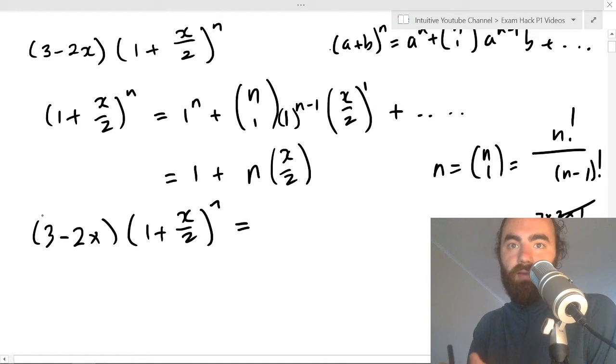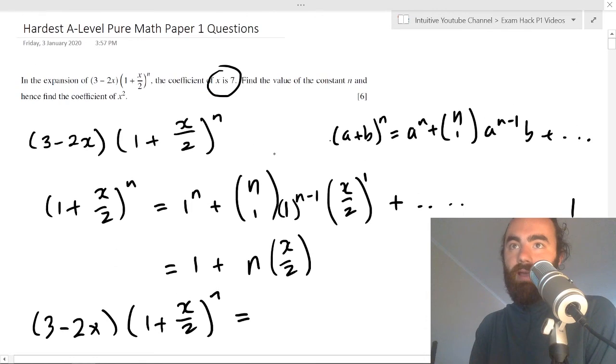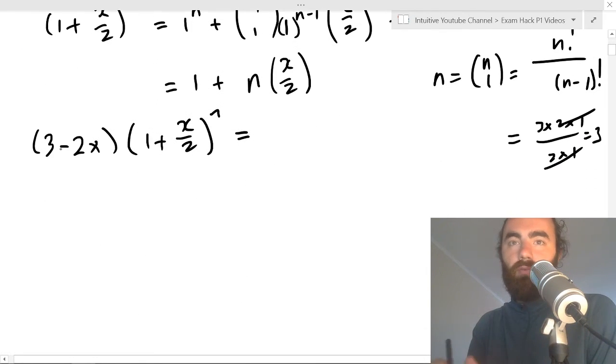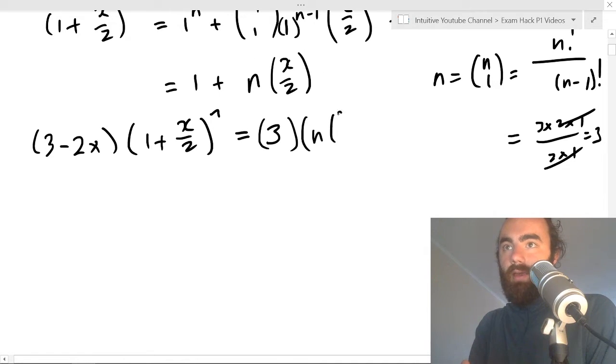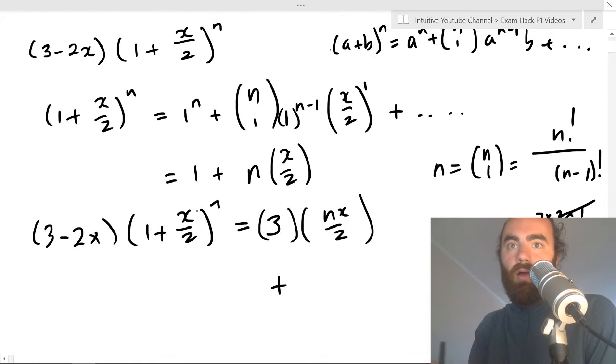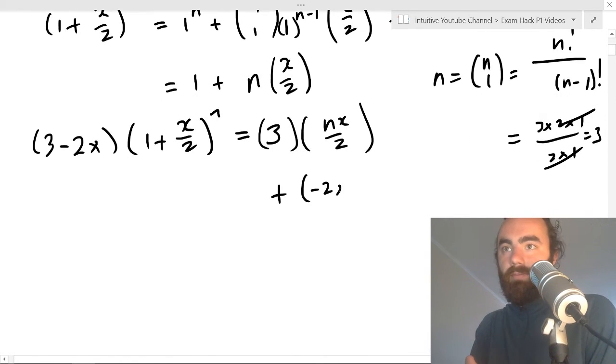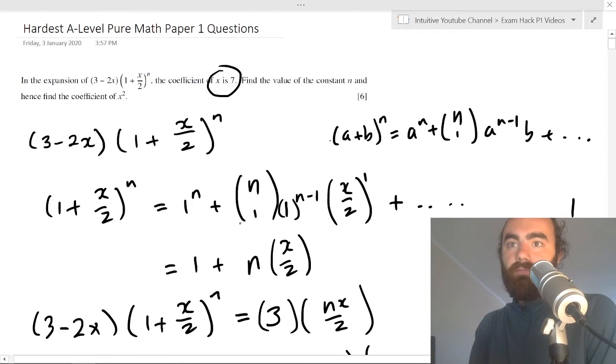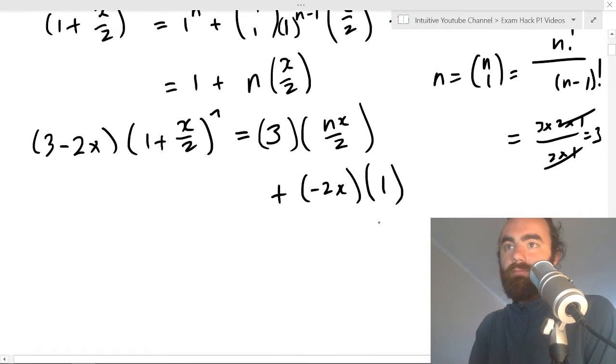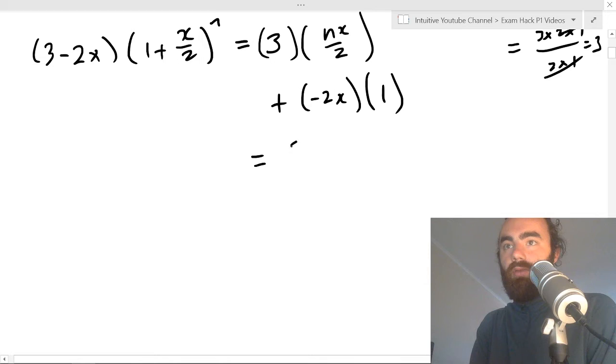The 2 factors which will contribute to our coefficient of x will be our 3 times this part, so we'll get 3 times nx over 2. We can just rewrite that as 3 over 2 nx. And we also have negative 2x times our 1. So that will give us 3 over 2 nx minus 2x.